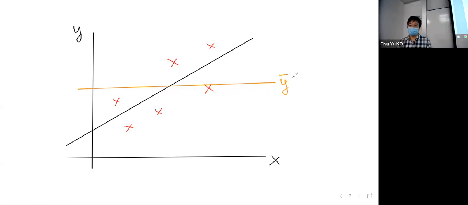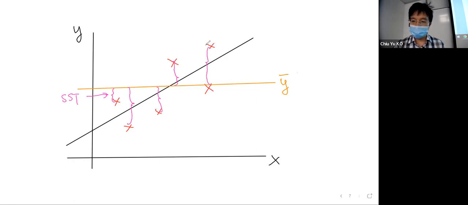Just the Y bar. So what we want to explain is how the Y bar differs from the data. This is what we call SST. Look at this distance. Every single distance is SST.